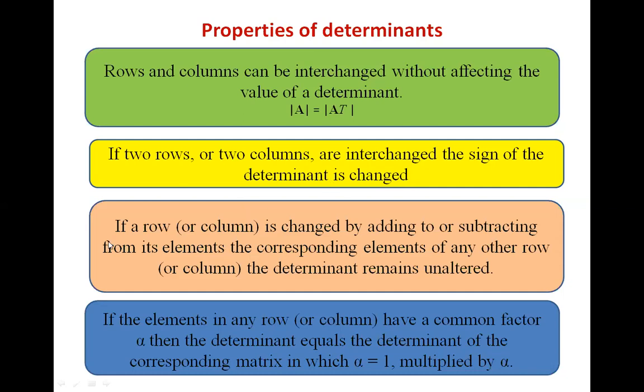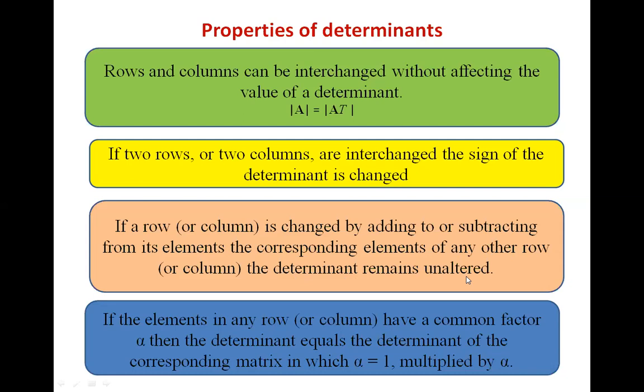The third property of a determinant: if a row or column is changed by adding to or subtracting from its elements the corresponding elements of any other row or column, the determinant remains unaltered.